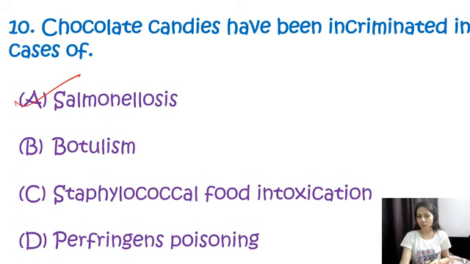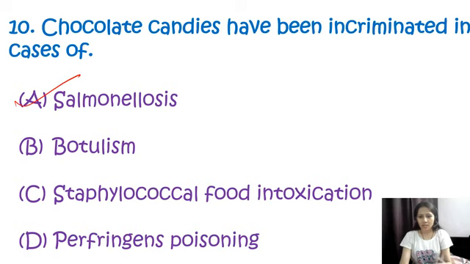Whereas staphylococcal food intoxication is typically linked to foods that are handled and left at warm temperatures, where the staphylococcal bacteria can produce toxins. But chocolate candies are not common sources of this warm environment.